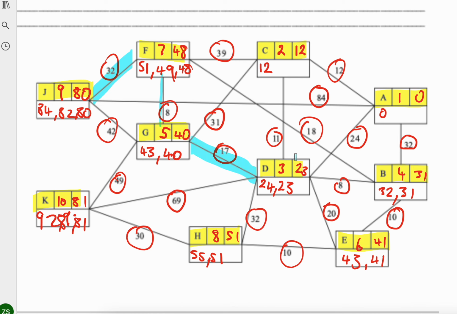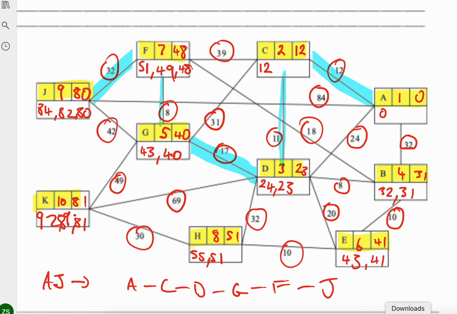Yes, D. 23 minus 11 is 12. Then C to A, and 12 to A. So our path from A to J is A to C to D to G to F to J.